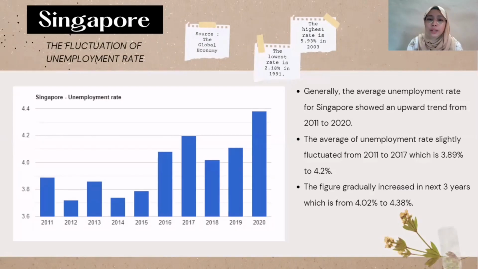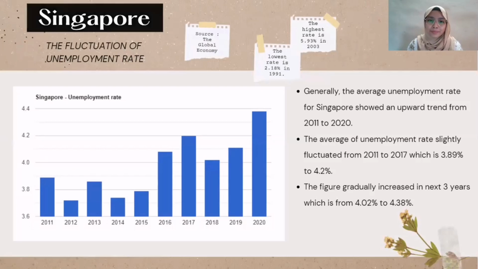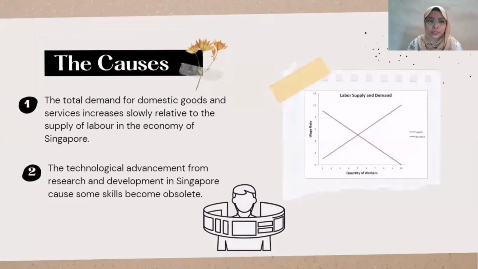Let's figure out why the unemployment rate in Singapore has been climbing since 2016. Firstly, the total demand for domestic goods and services increases slowly relative to the supply of labor in the economy of Singapore. It means that when the total demand increases, the total supply of labor will not be enough.